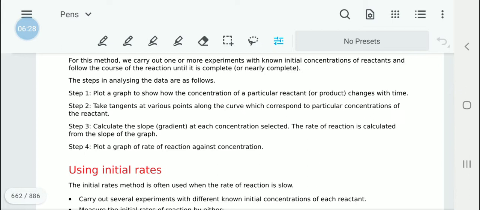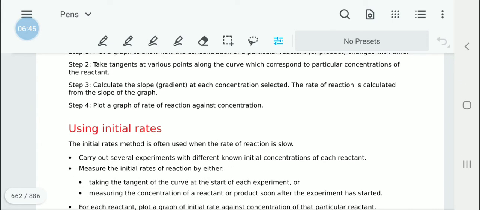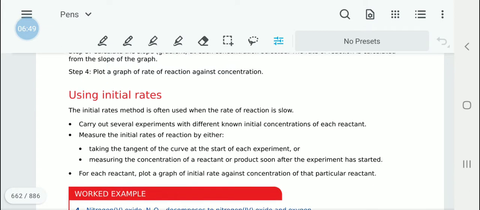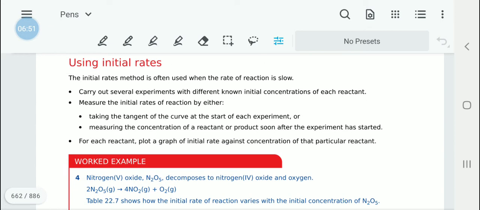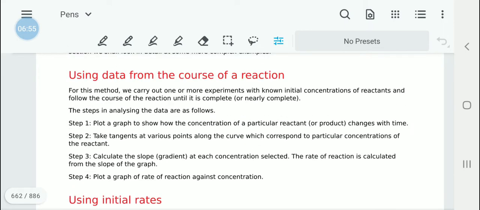Then you take tangents at various points along the curve corresponding to the particular concentration of the reactant, and using the gradient we calculate the rate of reaction from the slope of the graph. Then we plot the graph of rate of reaction against concentration, and from there on you know what to do.